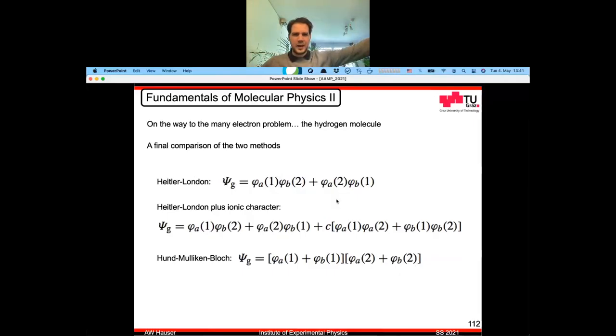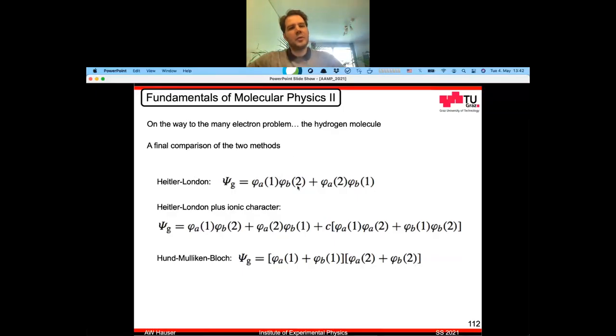So we have phi A and phi B. We just have to anti-symmetrize the total 2-electron wave function. That's what we did in the spin part, and for the spatial part, we had it in this symmetric shape. Remember, that's how we were speaking about the ground state wave function in this spin singlet state looked like this.